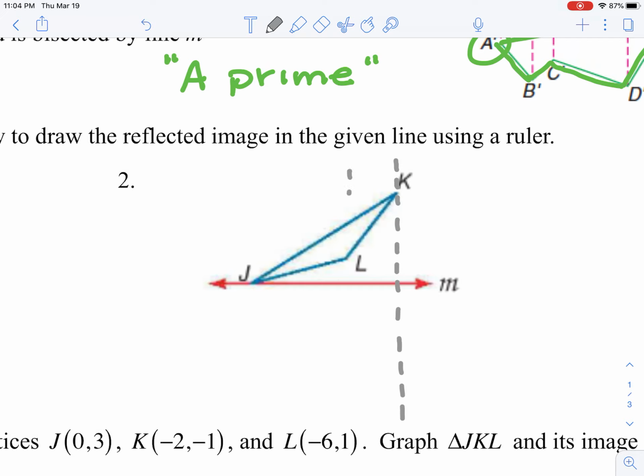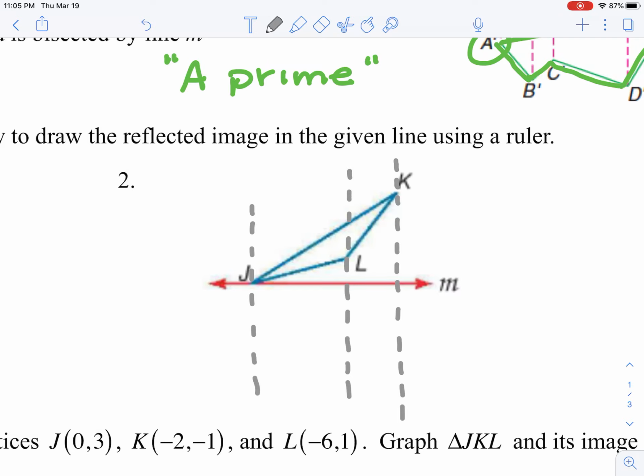Draw another line, do the best you can to eyeball that it's perpendicular to the line of reflection and goes through point L. And finally, a third line perpendicular to the line of reflection and through point J.